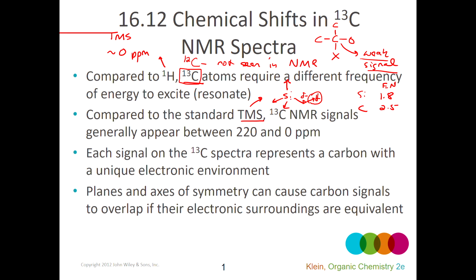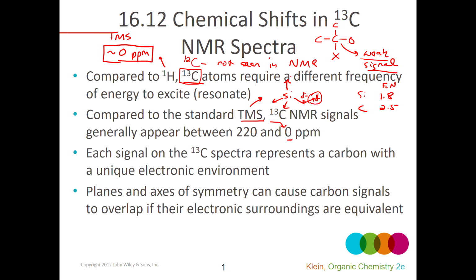When silicon, with its low electronegativity, allows the electron density to be pulled away and it focuses around the carbon and the hydrogen, that electron density weakens the degree to which the magnetic field affects the hydrogen, so a smaller amount of energy will be the energy difference between its alignment with or against the magnetic field, and that small amount of energy is set to 0. So this is our standard. We set that to 0 in the proton NMR, and we set it to 0 in the carbon NMR.